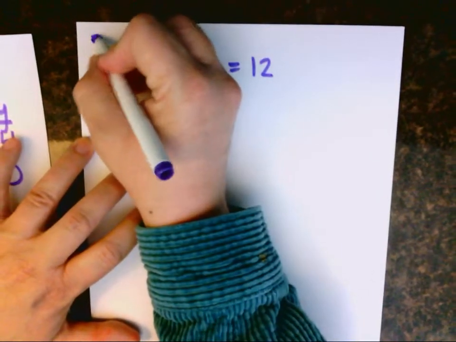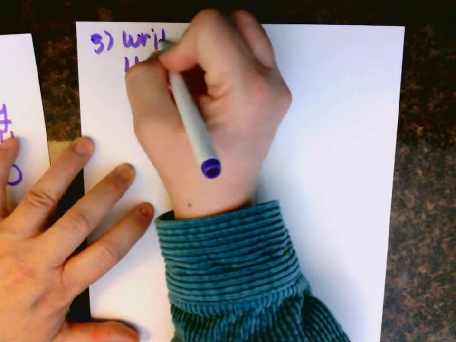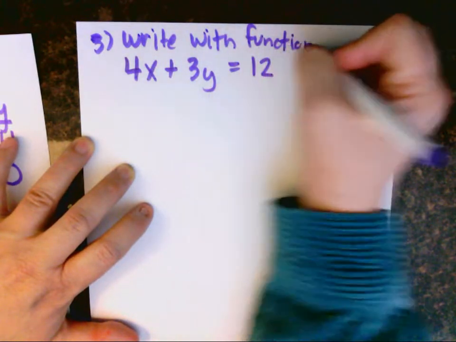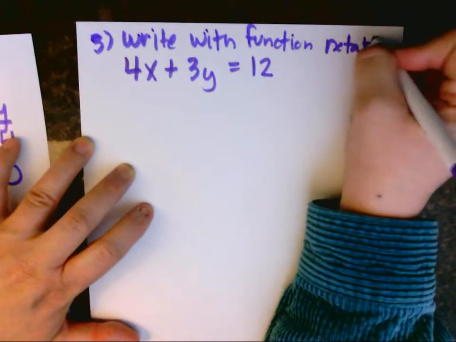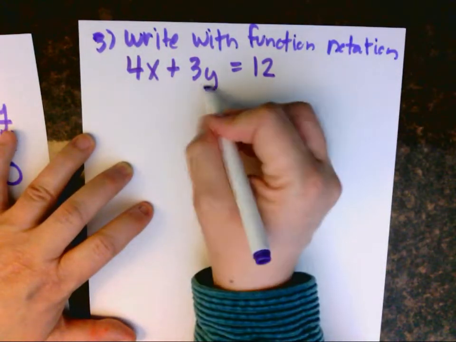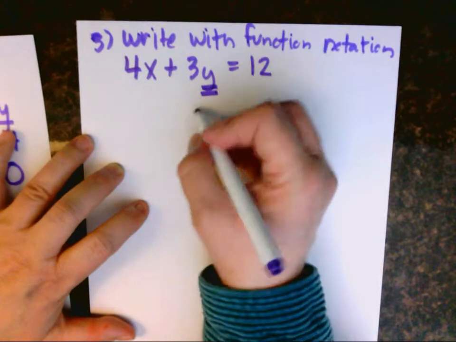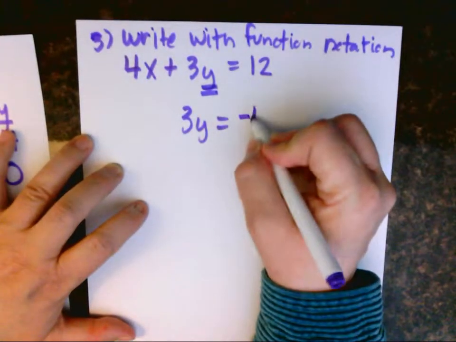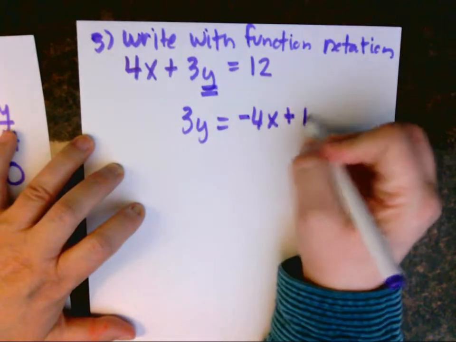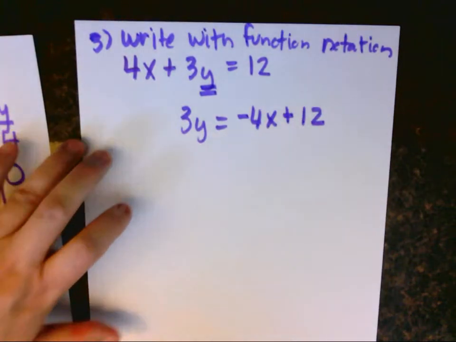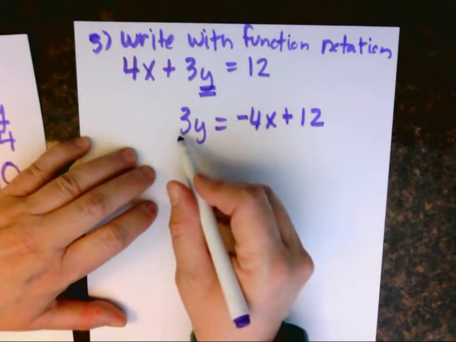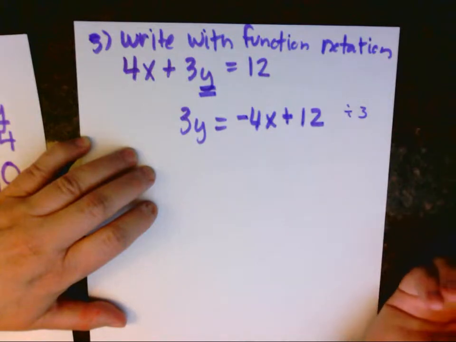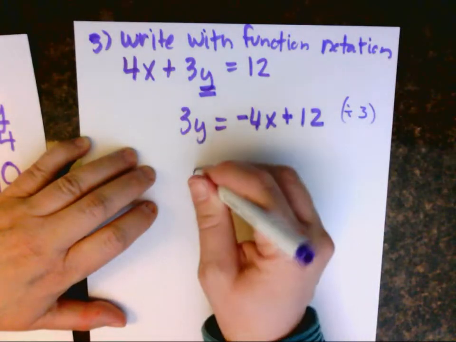So part 3 is to write with function notation. I'm solving for y. That's the goal. So I begin by leaving the 3y over here, and I bring the x over, subtracting 4x. Subtract 4x from both sides and show that step if it's helpful for you. Now divide everything by 3. 3 divided by 3 gives me y.